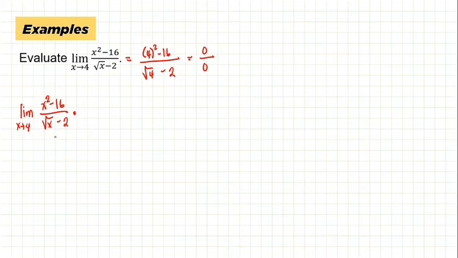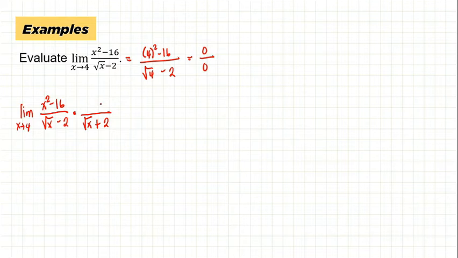So sa denominator tayo magra-rationalize. So the rational conjugate, ang gagawin nyo lang ay i-change lang yung operation. So if we have minus, gagawin nyo lang siyang plus. If you have plus, gagawin nyo siyang minus. So in this case, this will become square root of x plus 2.